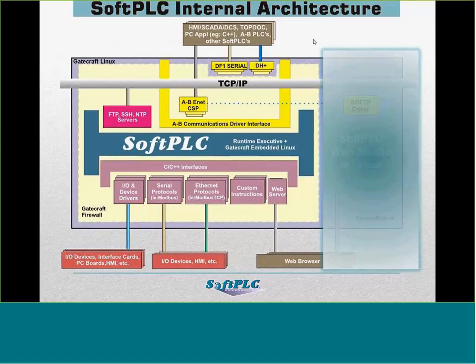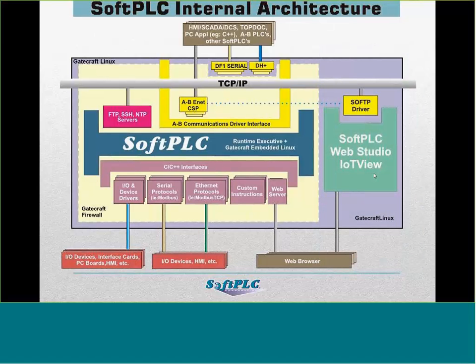And then the last piece we're adding here now is the IoTView. So the IoTView runs within the Linux environment, and it talks to Soft PLC through a driver at this interface level here, and has full access to the data table of the Soft PLC, just like if it was running on a Windows box and talking to the Soft PLC over Ethernet.